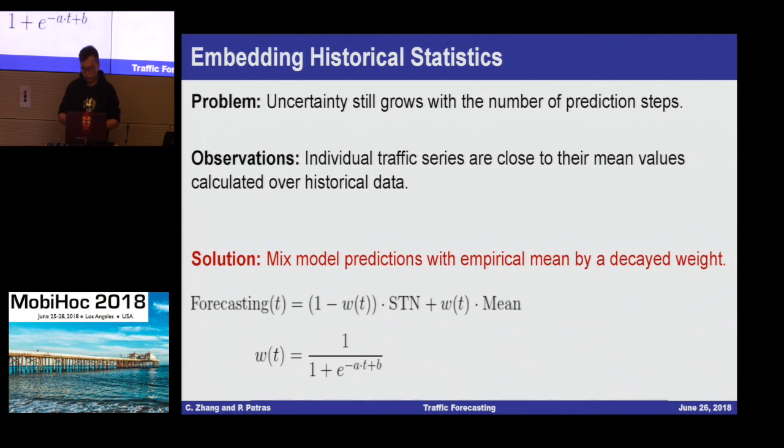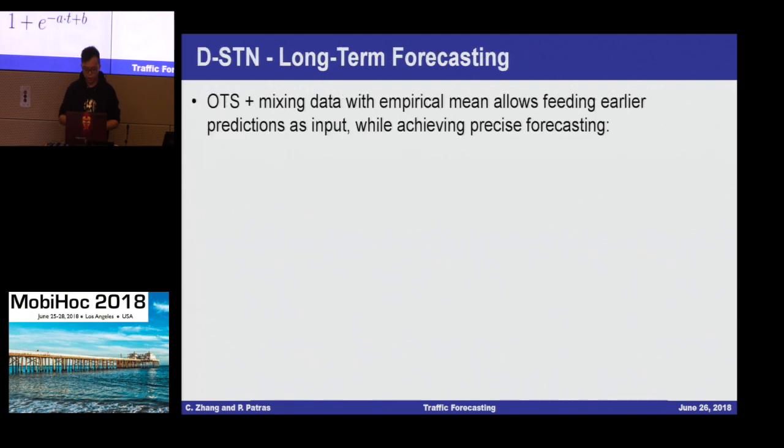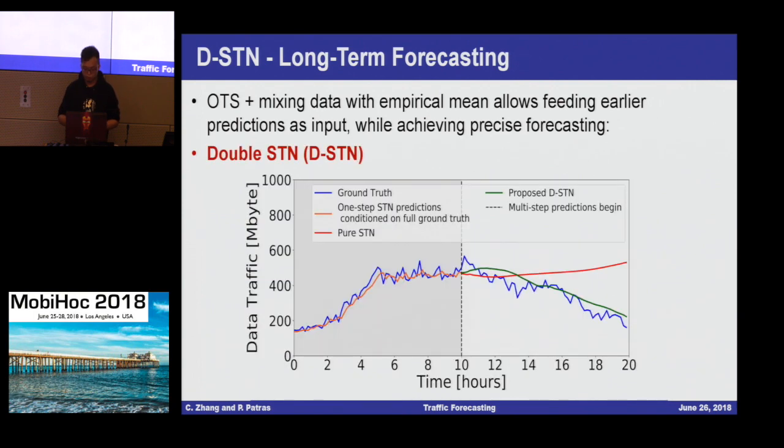So basically, this will assign less weight to the mean value at the beginning, and after that, once the prediction step goes up, the mean value will gain more weight, and finally, it will just dominate the prediction results. So by combining this training and this scheme, this will allow us to feed the earlier prediction as inputs and still get very nice results in the long term.